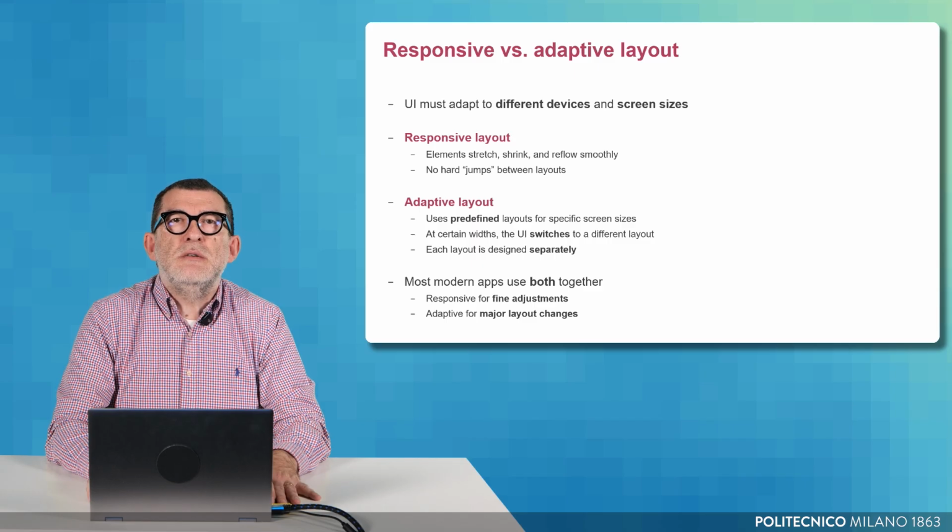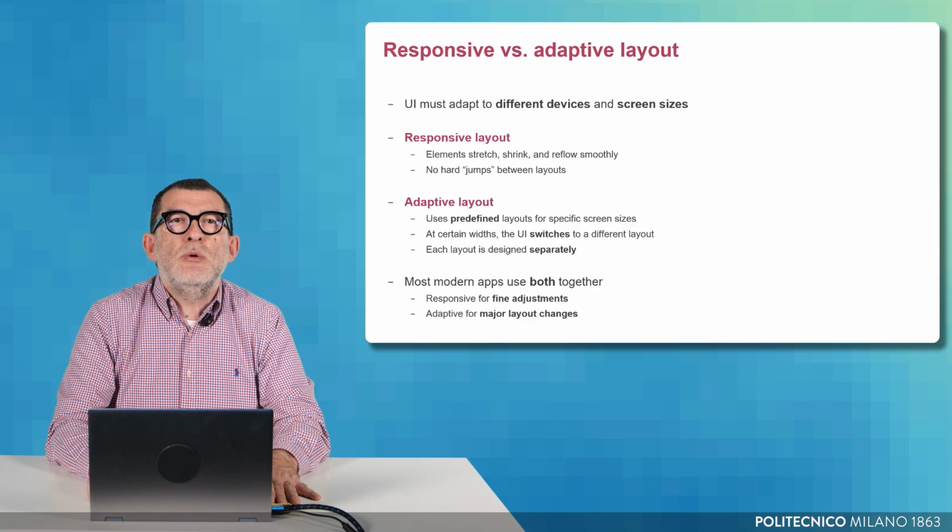The first one, responsive layout, should be used whenever we want our widgets to stretch and shrink smoothly. For example, when the screen size of a phone changes slightly, we want the UI to adjust gradually without abrupt transitions. On the other hand, a layout is called adaptive when we introduce more significant changes.